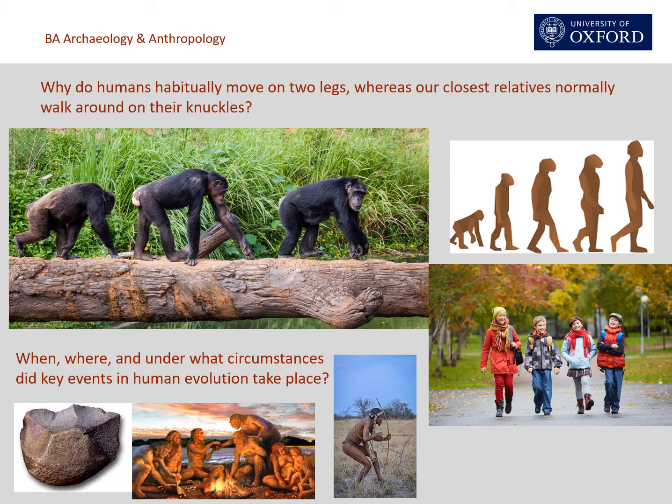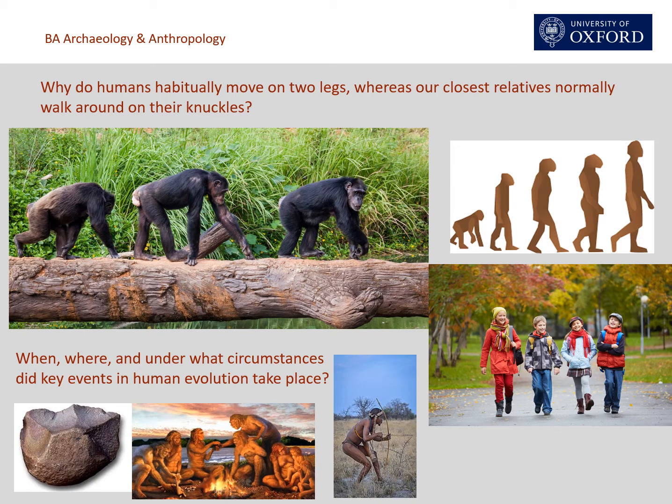So some of the questions that we might want to look at include these. Why do we move around normally on two legs, whereas our closest relatives, chimpanzees and bonobos, generally walk around on their knuckles? What is the reason for that in terms of human evolution? When and where and under what kinds of circumstances did all the other key events in human evolution take place?